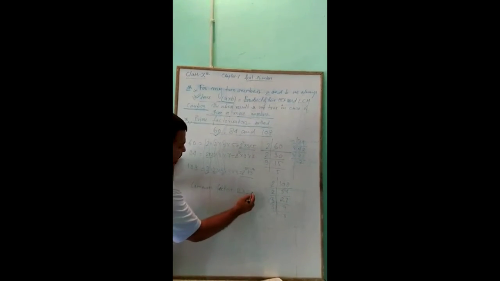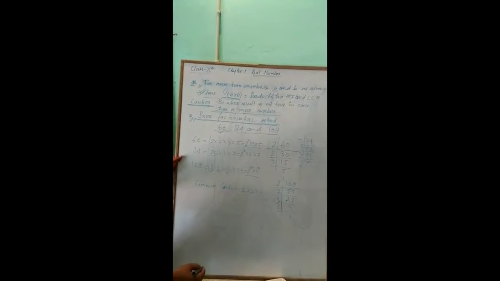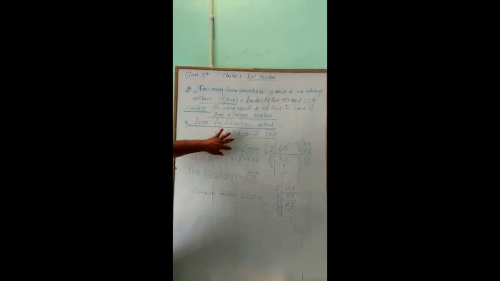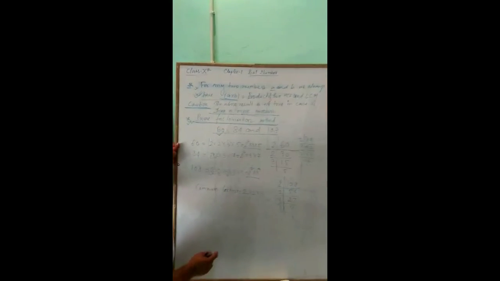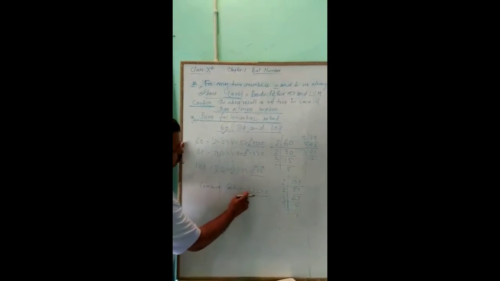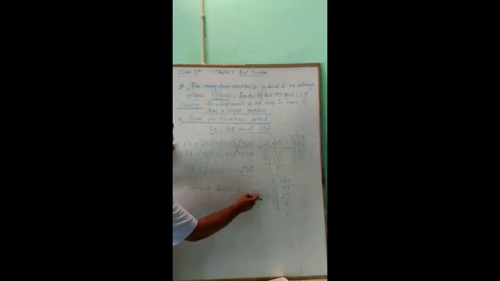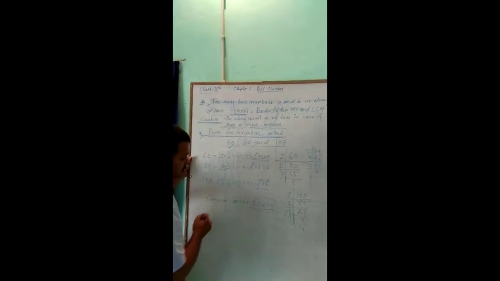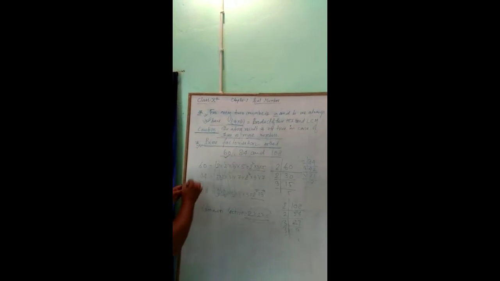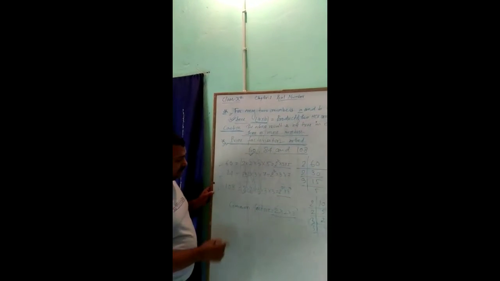Here 3 into 3 is not common, and there is no other common factor. Here only 2 into 2 into 3. All these are common in 60, 84 and 108.